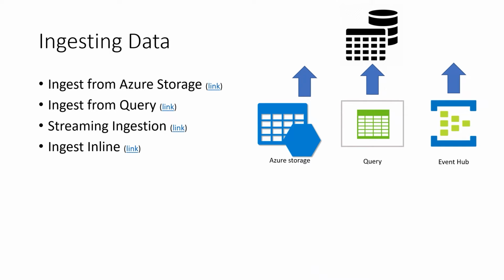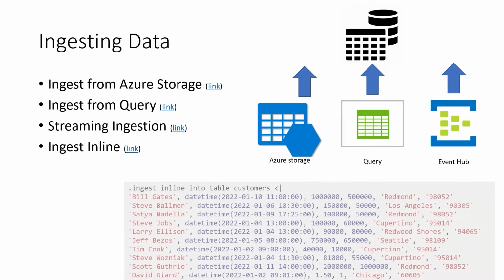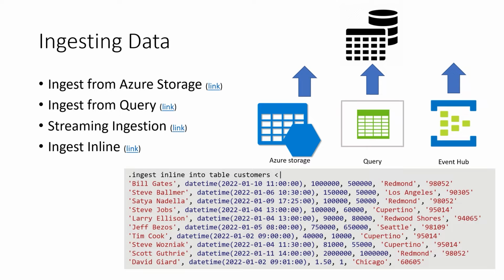For example, if you have subscribed to an event hub and have that data coming into ADX, or you can write code to ingest inline. And so, for example, for this demonstration, I wanted to get some sample data, and I added something like this: .ingest inline into table customers, and just explicitly listed a dozen customers or so.